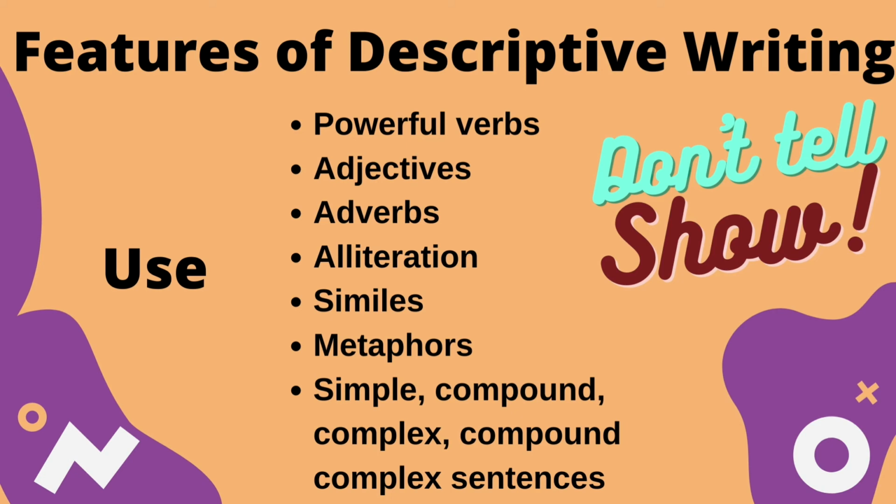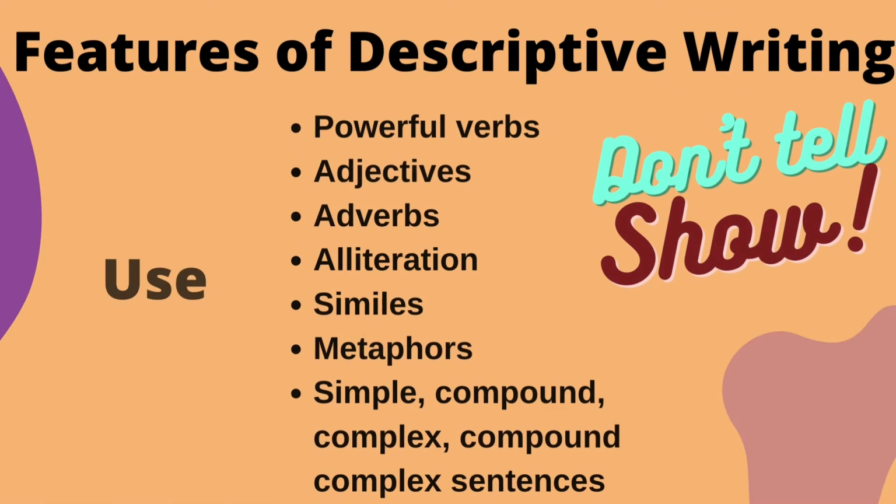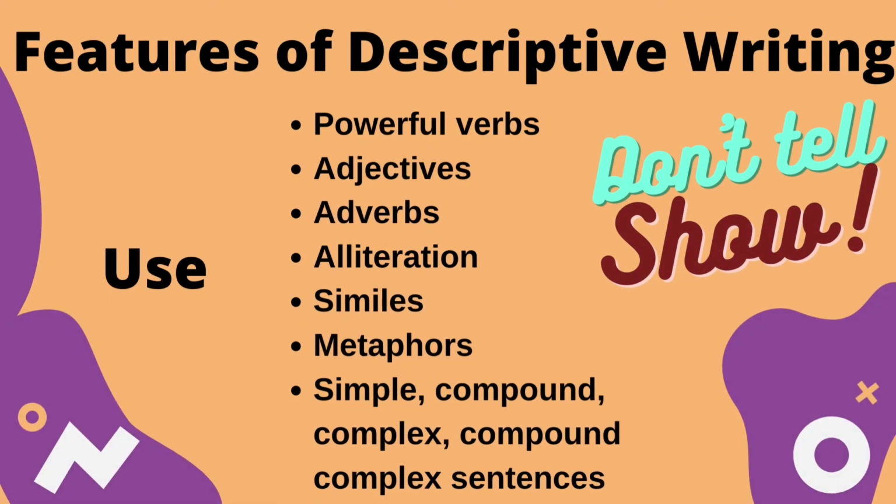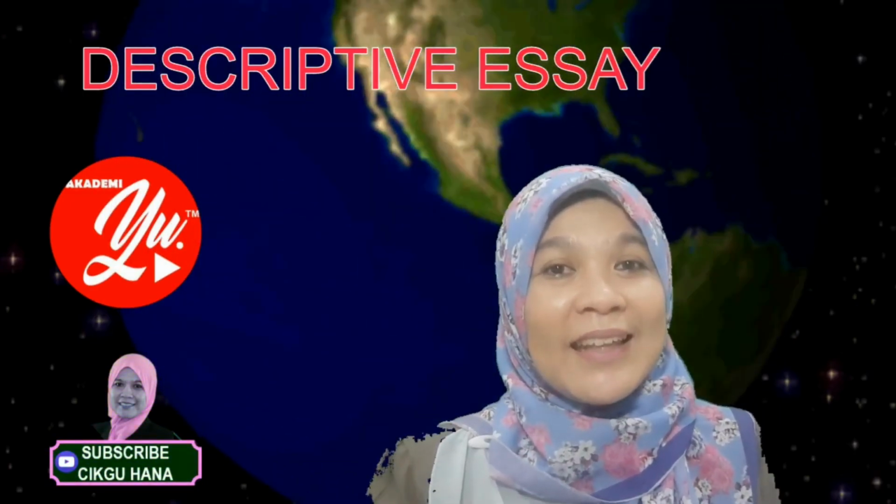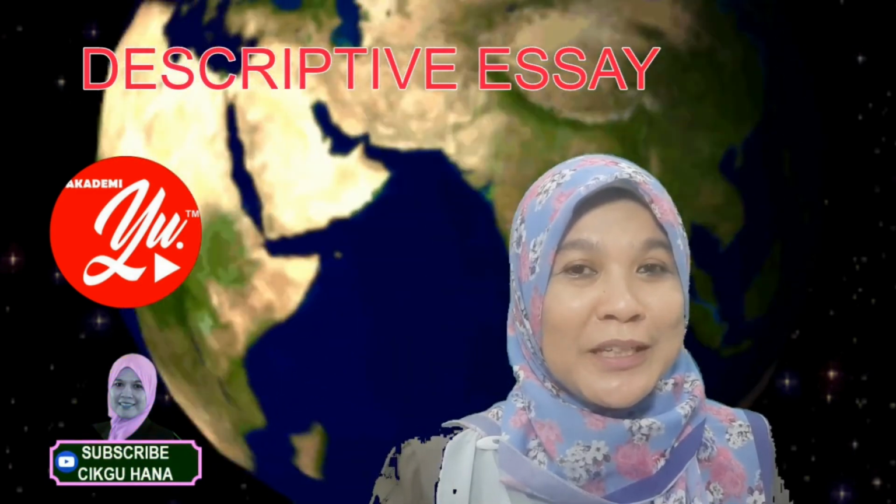So we need to use all the 5 senses. So do not tell, but show. So you show using all the 5 senses. You have to have a very high imagination to be able to write beautifully in descriptive writing.